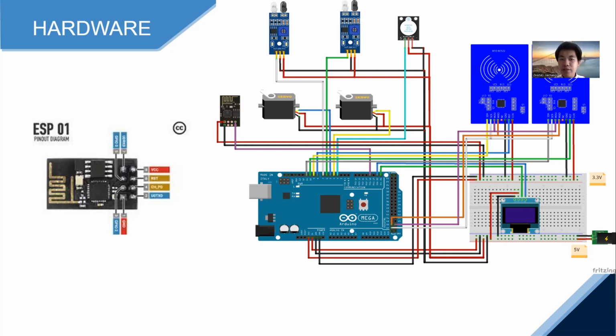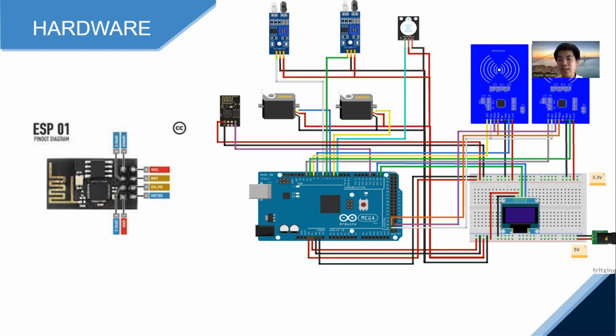Like the servo motor, it just sends out the instruction to open the door to a certain degree. And there are also some advanced data communication and control protocols, like SPI, MOSI, MISO, etc.